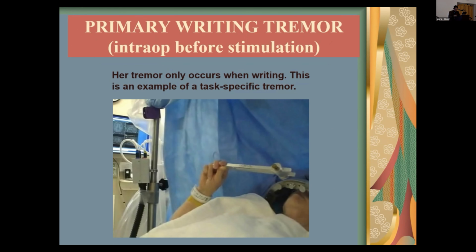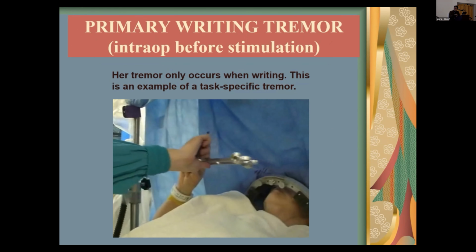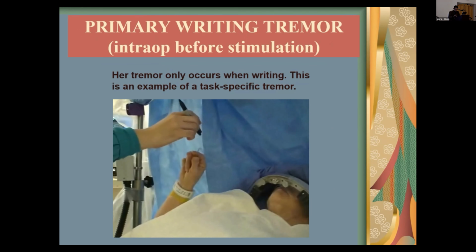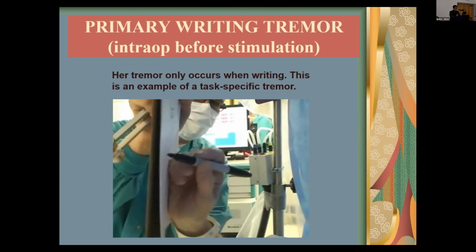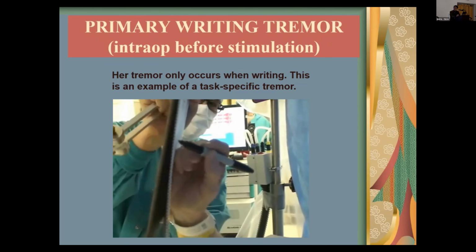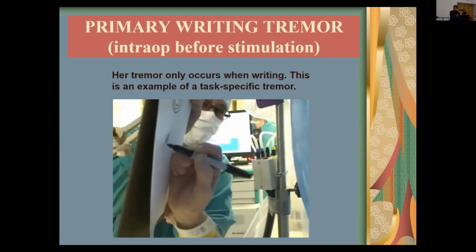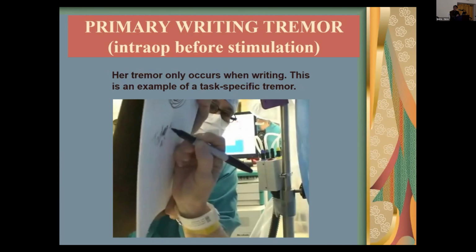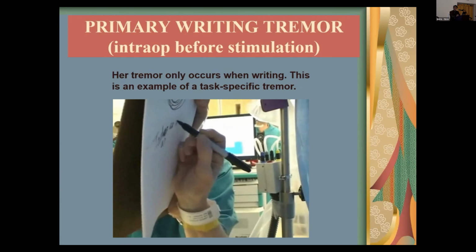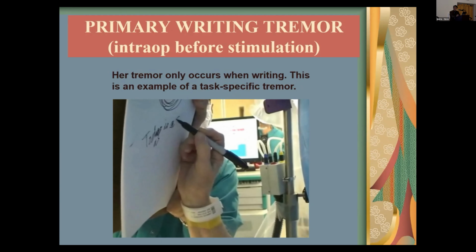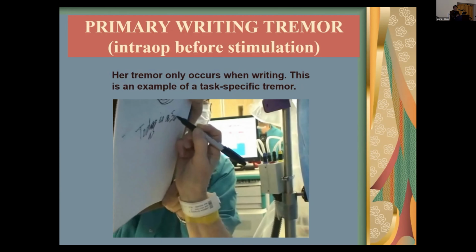Okay, here's a task-specific tremor called primary writing tremor. She doesn't have a tremor when she holds on to things or raises her hand or eats, but it only happens when she's writing. She happens to be a high-level personal secretary of a CEO, and so she needs her hands to be steady when she writes. She does a lot of transcribing of meetings and notes and all that.